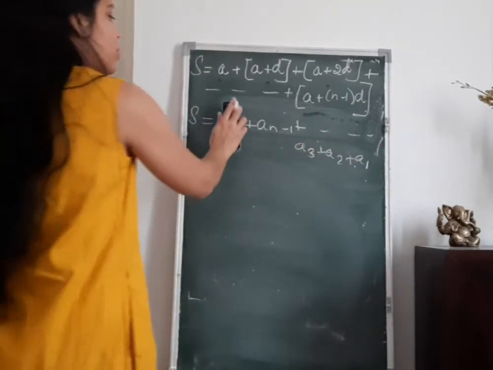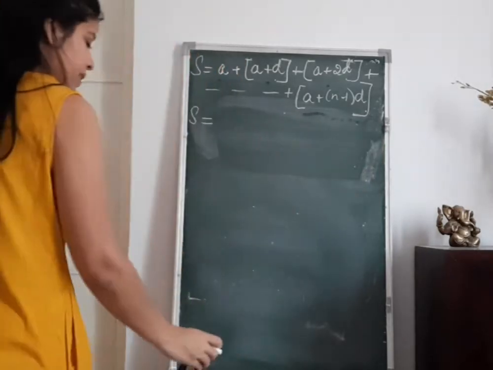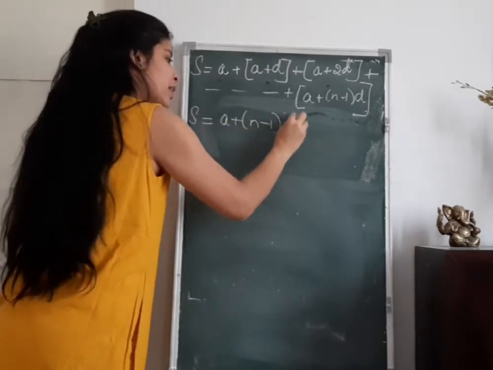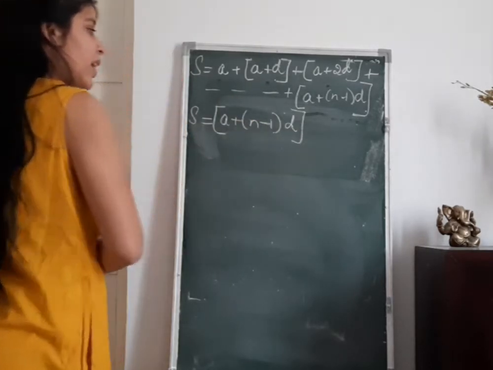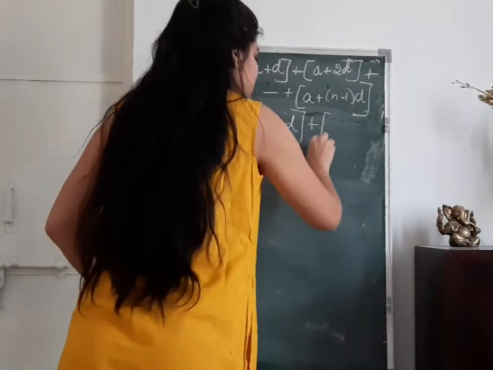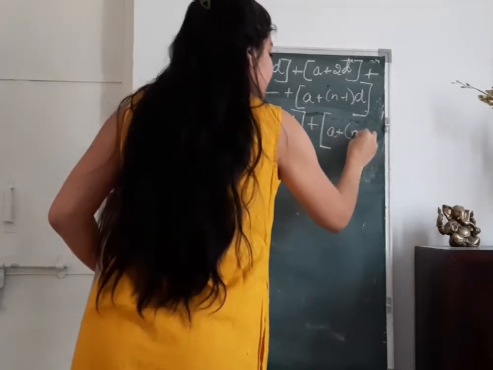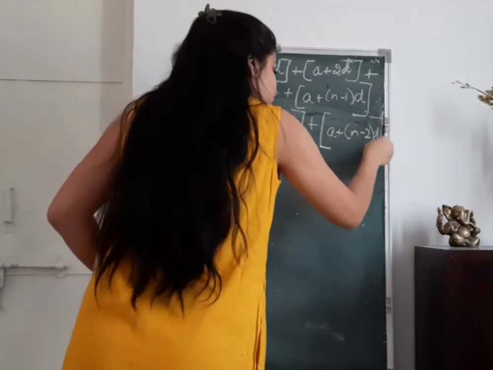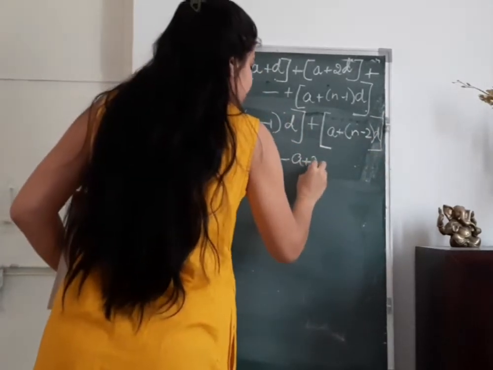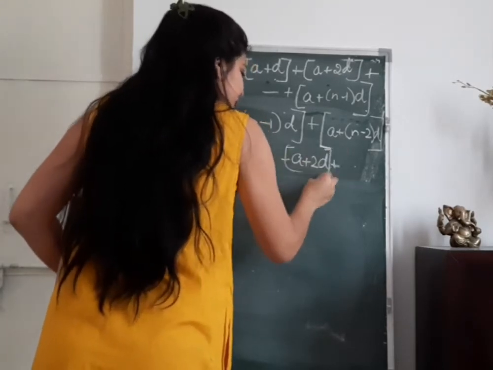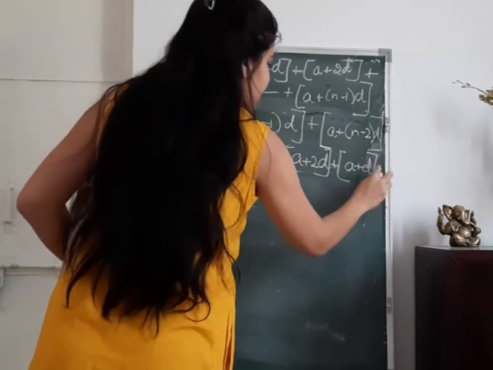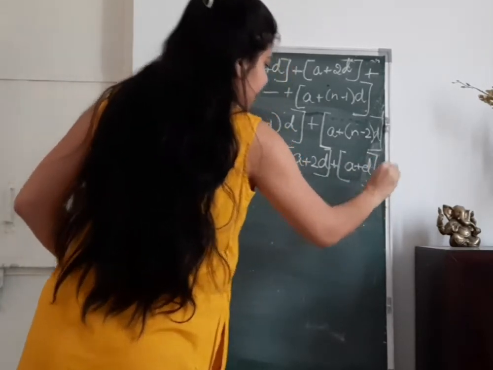An will be A plus n minus 1 into D. An minus 1 will be A plus n minus 2 into D. In a similar manner, A3 will be A plus 2D, A2 will be A plus D, and at last we have A1, which is equal to A.